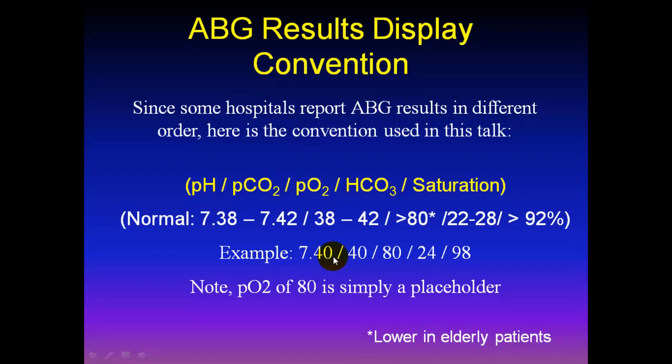So clearly the first value is the pH, the second value is the PCO2, etc. The final point I want to make is I'm simply placing an 80 in the PO2 spot and a 98 in the saturation spot just as a placeholder, because that's how we're used to looking at blood gases. And I'll let you know that we will not be going into oxygen exchange in this talk. It's beyond the scope of an acid-base talk.